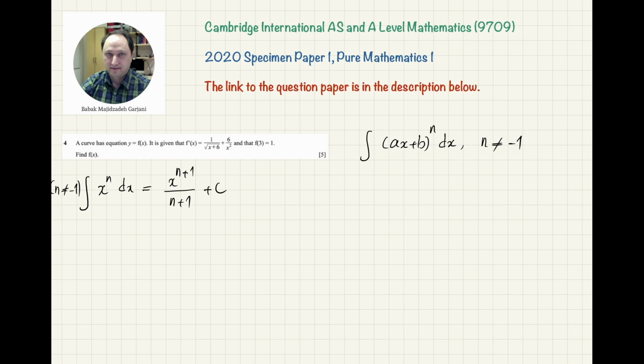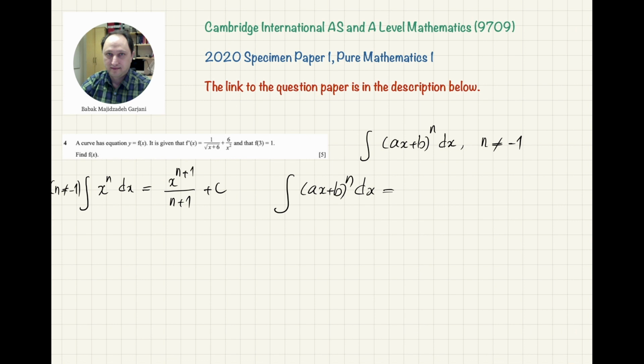You might guess that more or less the same, or a very similar, formula will work here. Yes, you are right, but you need to be careful of a prefactor of 1 over a in this case. The integral of (ax plus b) to the n dx will follow exactly the same rule, with one exception, and that exception is very important.